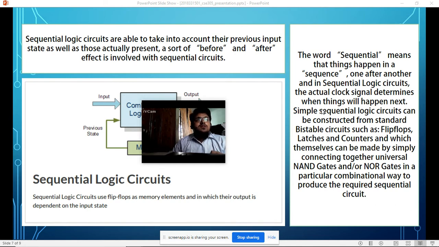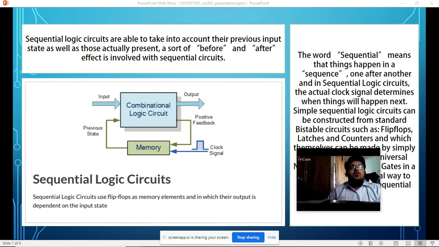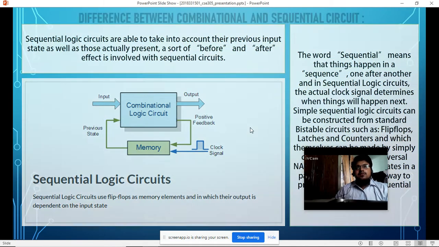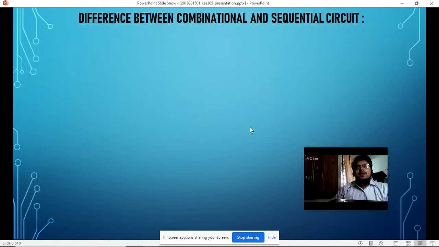Some sequential logic circuits can be constructed from standard bistable circuits such as flip-flops, latches, and counters, which themselves can be made by simply connecting together universal NAND gates or NOR gates in a particular combination to produce the required sequential circuits. So in the next slide I have included some of the differences between combinational and sequential logic circuits.